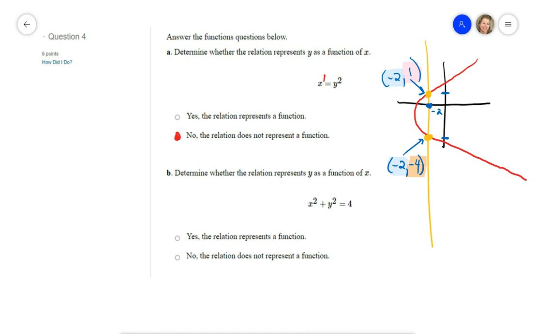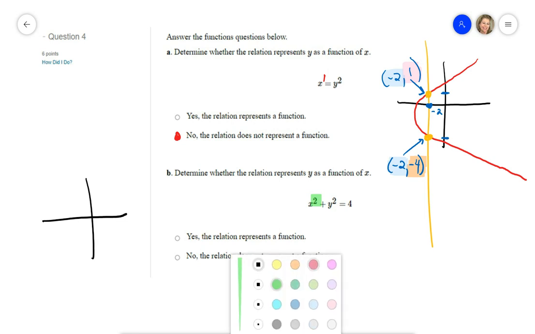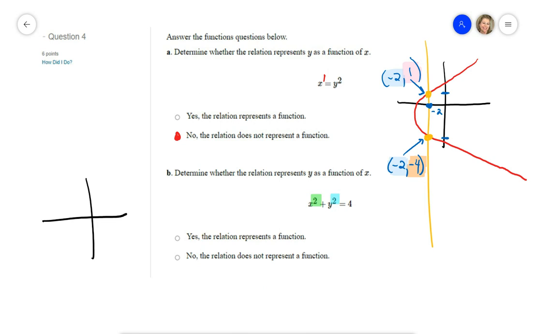x squared plus y squared equals 4. That graph, because it has an x, let me just use a highlighter on this one. Because it has an x squared, it has to cross the x-axis twice. And because it has a y squared, it has to cross the y-axis twice. And the only way that that can happen is if it kind of goes around in some type of a circular motion.